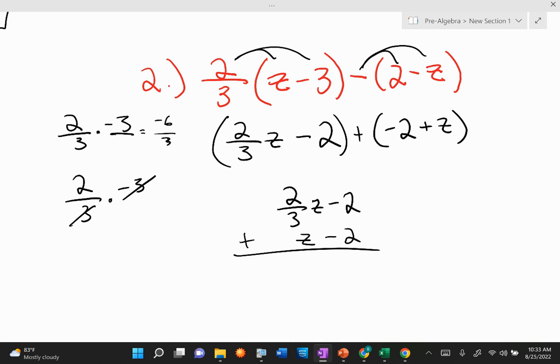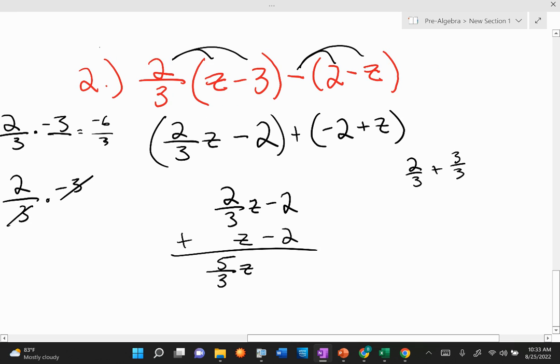What's 2/3 plus 1? Yeah, 1 2/3. Don't write it 1 2/3. Write it 5/3, please. Because technically we're doing 2/3 plus 1. But this 1 we have to change into a fraction, so it'd be 3/3.